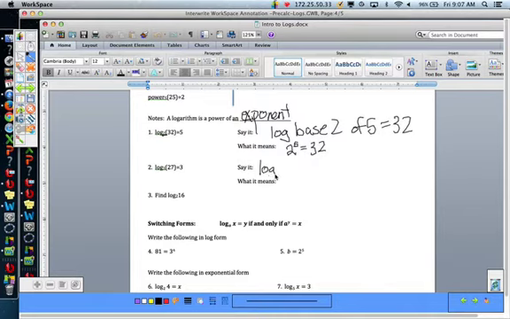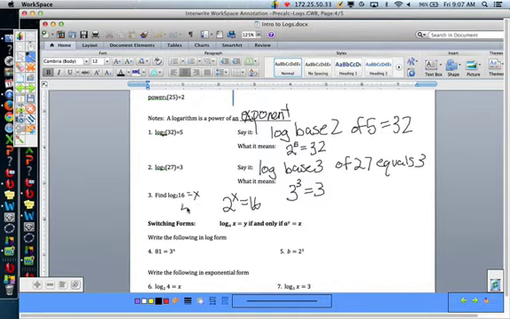So this one is log base 3 of 27 equals 3. And what this one means is 3 cubed equals 27. So if we had to evaluate this, it equals something. So 2 to the x equals 16. So this is equivalent of 4.